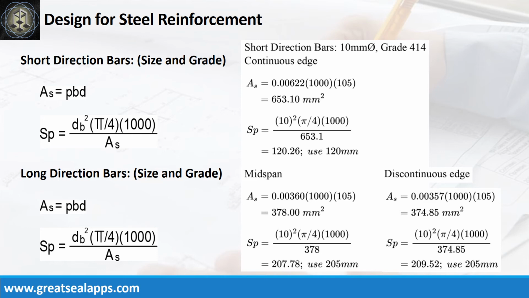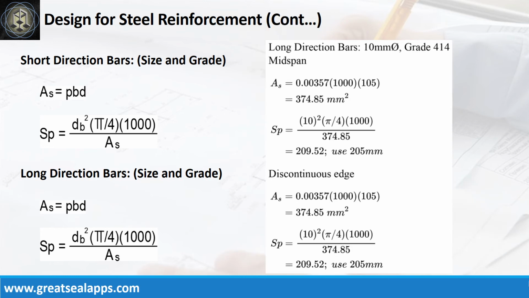Given discontinuous edge rho equals 0.00357, B equals 1000 millimeters, and D equals 105 millimeters, the area of steel is 374.85 square millimeters, and the spacing for 10 millimeter bar is 205 millimeters.